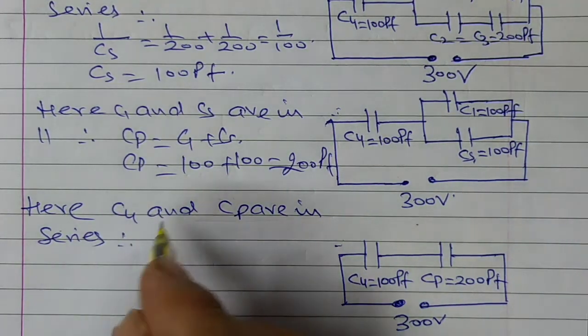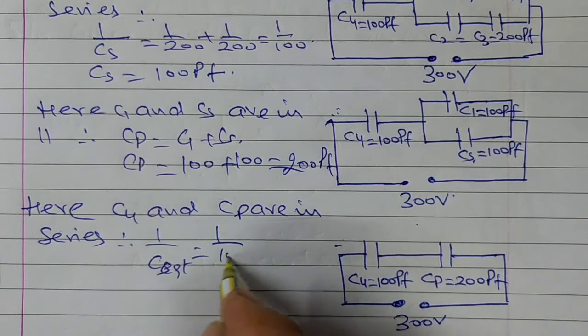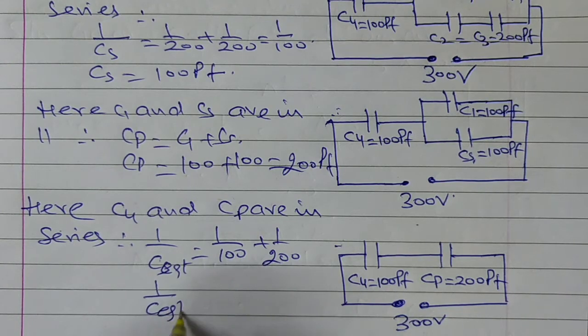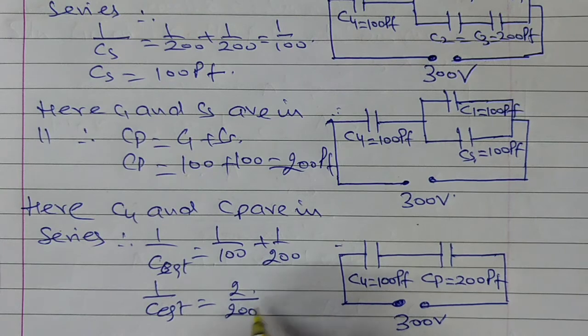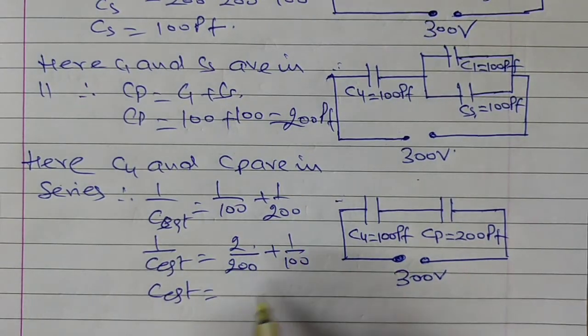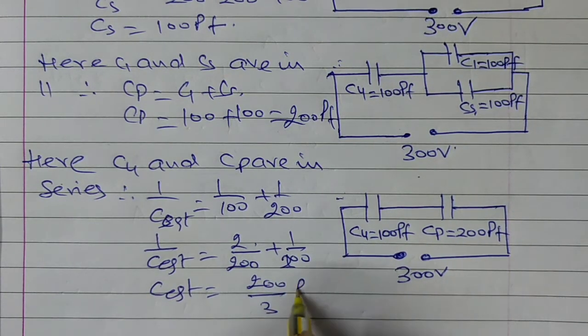Therefore, equivalent capacitance 1 upon C equivalent is equal to 1 upon 100 plus 1 upon 200, or 1 upon C equivalent is equal to 2 upon 200 plus 1 upon 200. So C equivalent is 200 upon 3 picofarad.